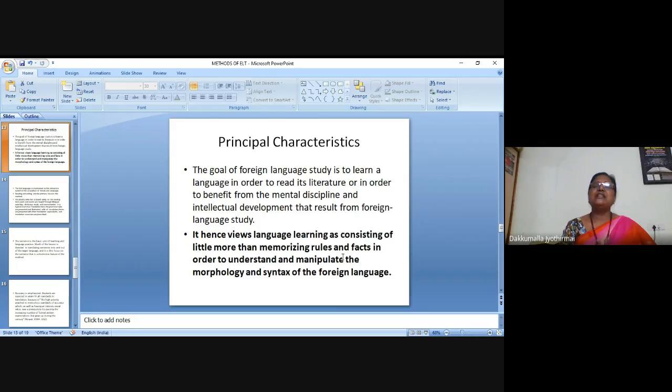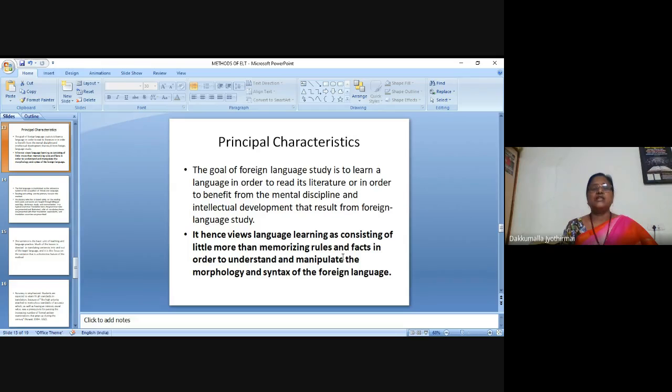Okay, so this is what gradually developed to be known as the grammar translation method. And what are the principal characteristics of this method? I have listed out some principal characteristics. So the goal of foreign language study is to learn a language in order to read its literature, or in order to benefit from the mental discipline and intellectual development that result from foreign language study. This point I have already explained to you.